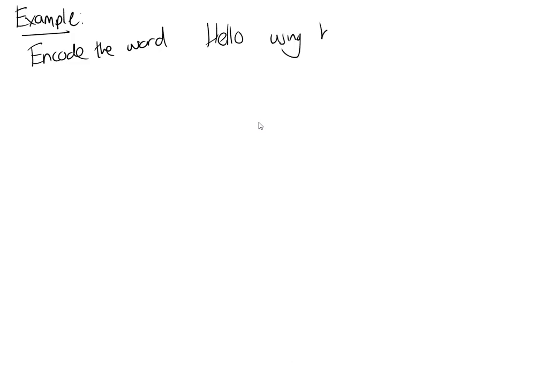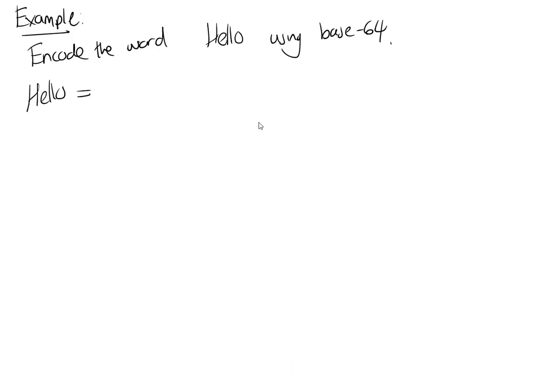The example here is, let's encode the word hello using base 64. Okay, so that's the question.